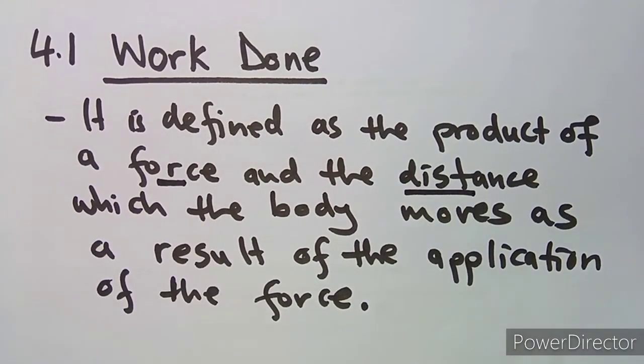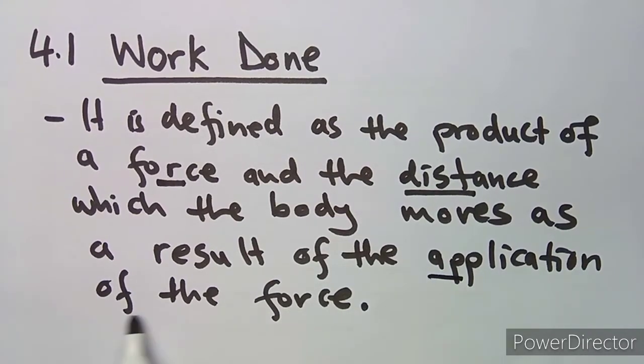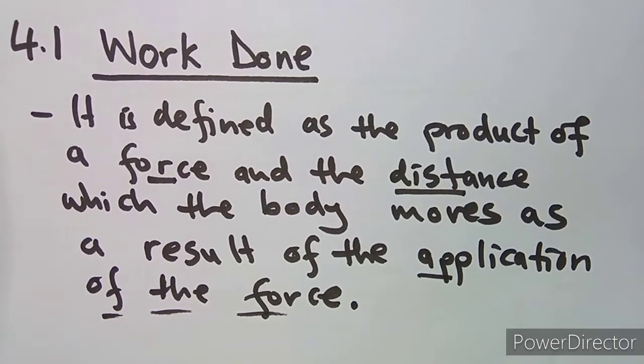These two should be there, as a result of the application of the force. This part is very important. When you are answering, you have to list this part as it is. So that's what you had there on work done.